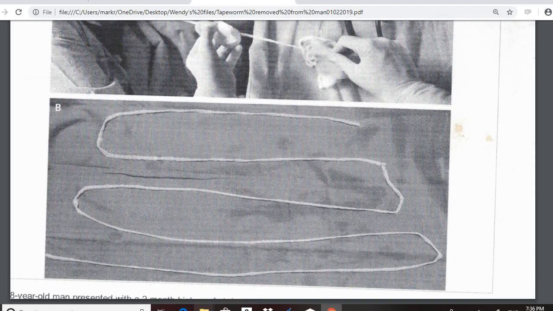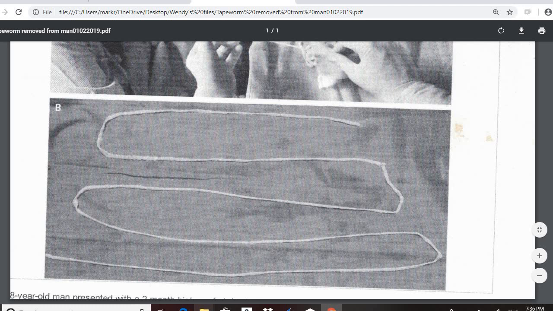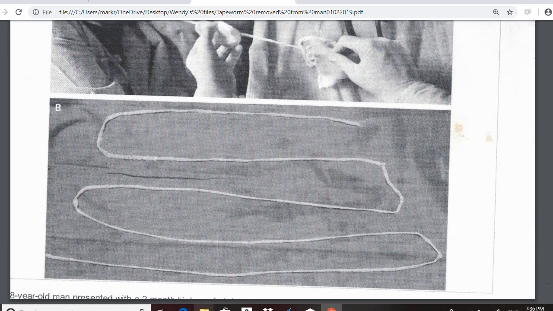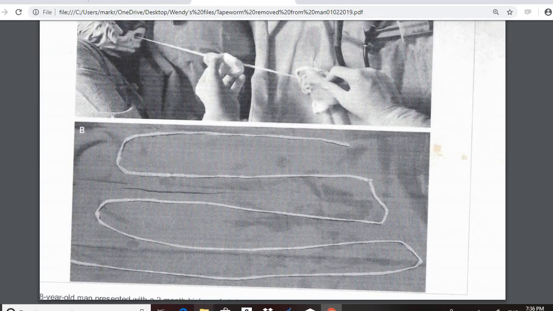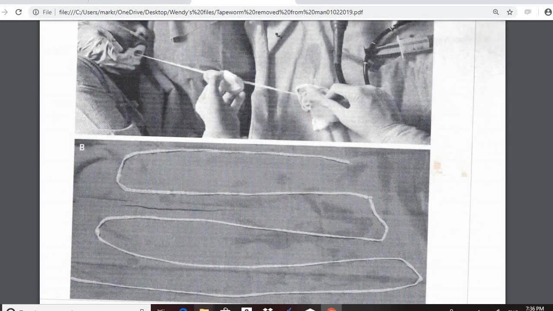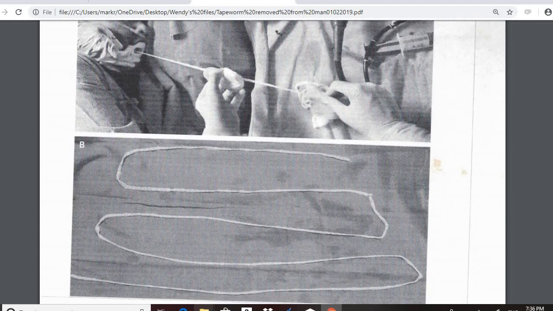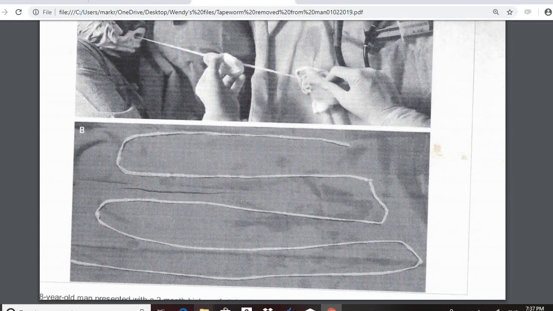So this bottom picture here, you can see that is the length of the tapeworm. So the tapeworm can be quite long. I forget how long they said this one was, but they can be quite long, and this one was pulled out in one segment through the mouth.